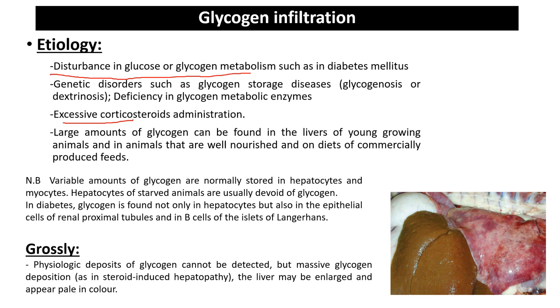Grossly, if there is a physiologic deposit or normal amount of glycogen, you wouldn't be able to tell whether the liver has glycogen infiltration or not. But if there is massive glycogen deposition, like in steroid-induced hepatopathy, the liver will be enlarged and pale in color, and also has rounded borders in that condition.